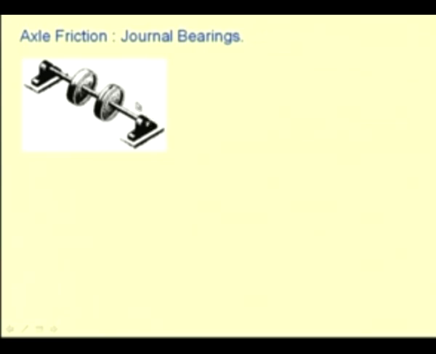So, the motion is in the horizontal, and so the radial forces, the weight of this pulley and other forces are radially transmitted to these bearings, which have to be supported by this bearing block at these two ends.